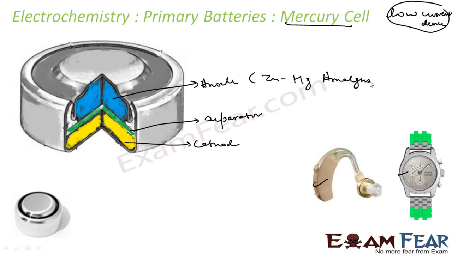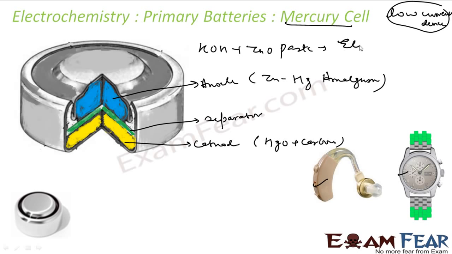For the cathode, HgO and carbon are used. And the electrolyte here is KOH and ZnO paste.